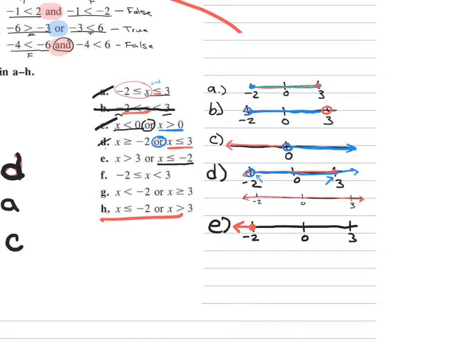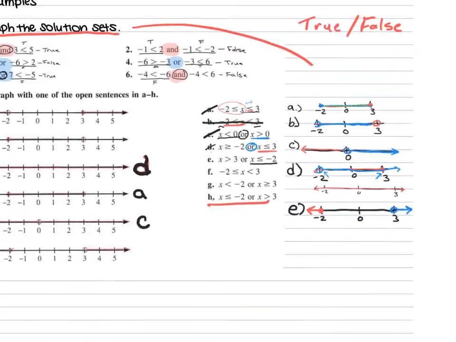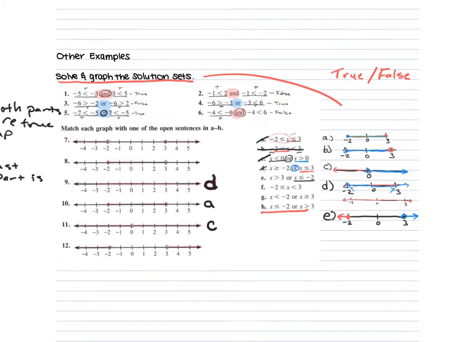Okay, and x is greater than 3. Open circle at 3 going to the right. Okay, notice this is not an and, so I don't need the overlap. There is no overlap. So if it said and, then we'd have no answers. But here, we're looking for something that looks like this. Do we have something that looks like that? Number 12, which would be E.